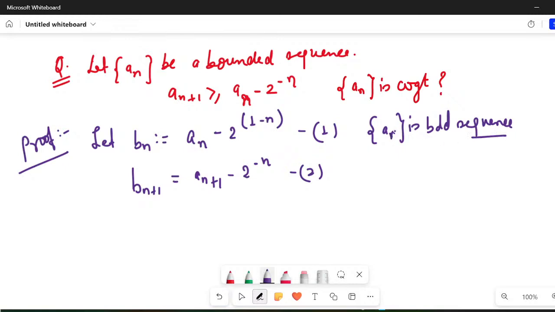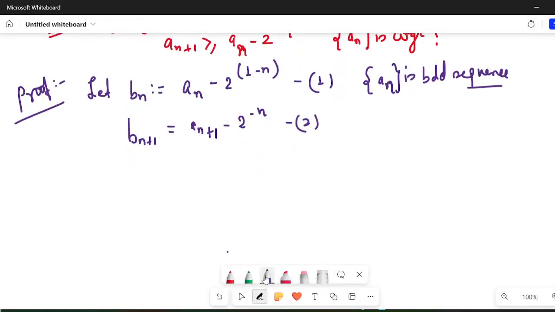So an is a bounded sequence, and let us say I want to calculate b(n+1) minus bn. It would be simply a(n+1) minus an, and then minus 2 raised to power minus n, and then plus 2 raised to power 1 minus n. I hope it is clear.